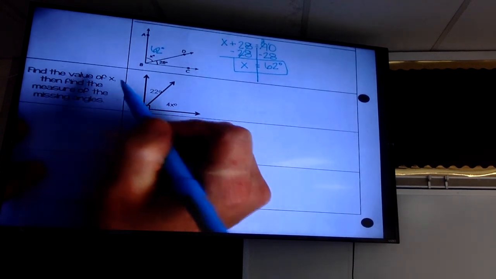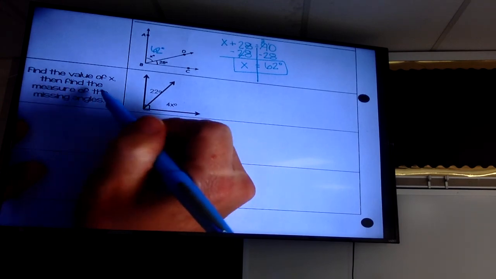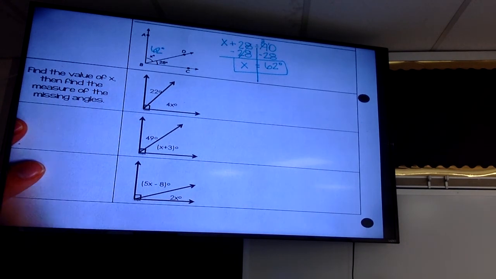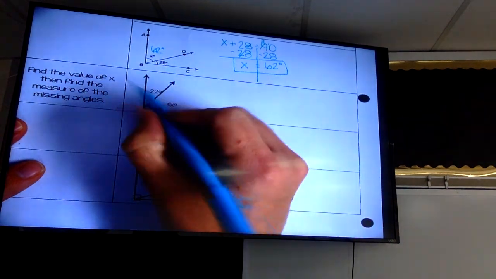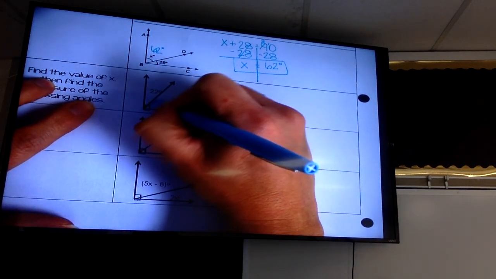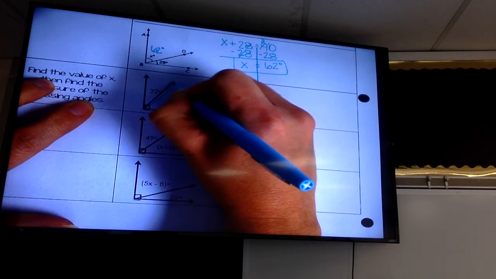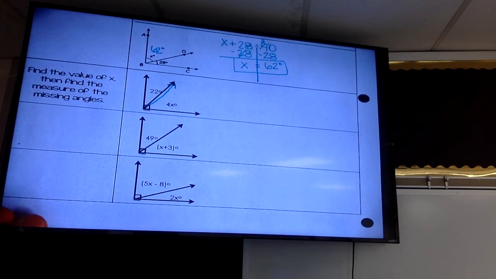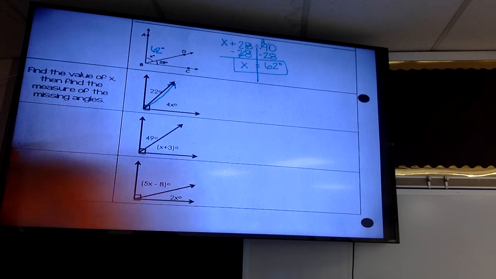Okay, so it says find the value of x, then find the measure of the missing angles. Okay, so there's multiple things we need to do here. So here's a 90-degree angle. They share an adjacent side, or a side. That means they're adjacent angles. They're two angles that are complementary. They form a 90-degree angle.